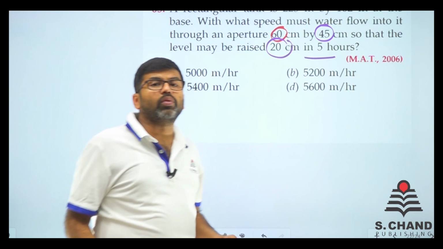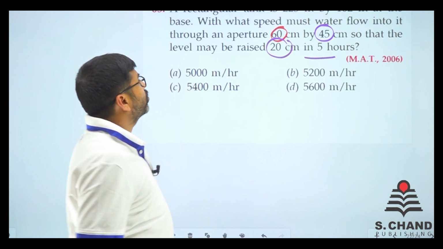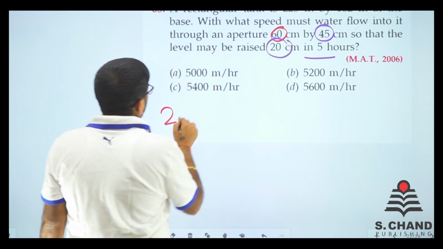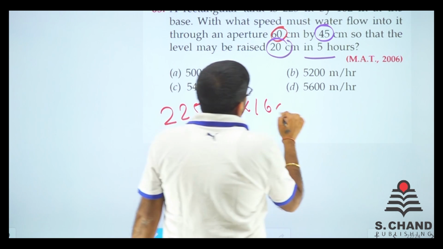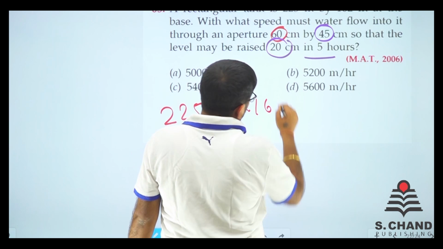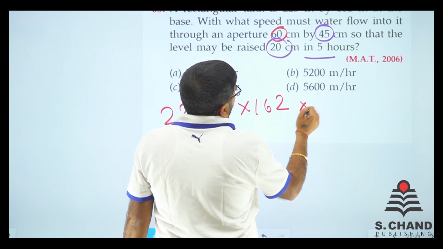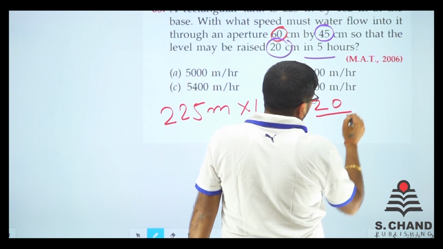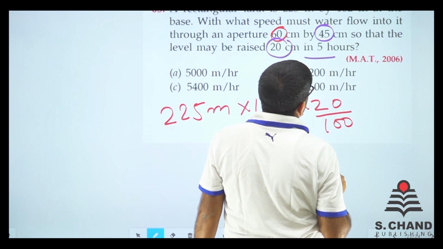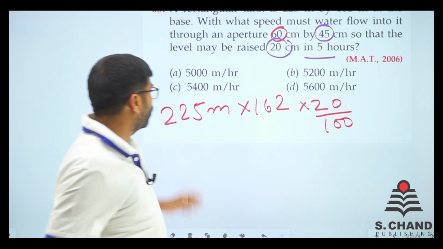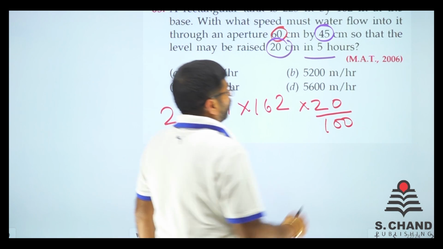So first find out the actual volume to be filled. So volume is to be filled as 225 meter into 162 meter into 20 upon 100 meter, right? So this is the actual we want to find out.